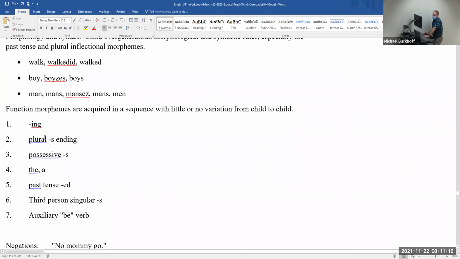They use that first, then the plural S ending, then the possessive S, then the introduction of the articles they'll start using to some degree, then the past tense ED, then the third person singular S, and then finally the auxiliary be verb. The be verb as in I was watching TV or something.